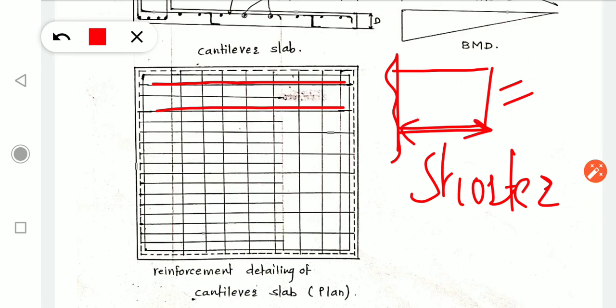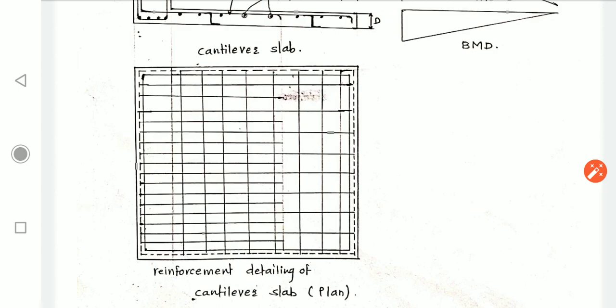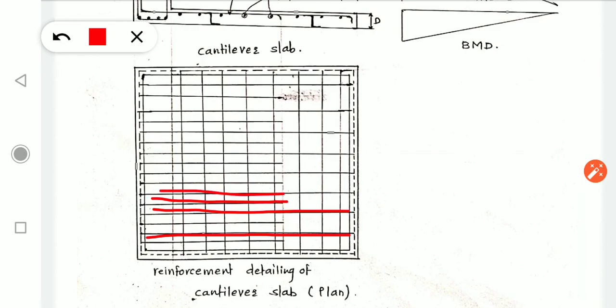Mostly you give such slabs to galleries or porches, therefore whatever length of the cantilever will be shorter than the span, right? Therefore I said shorter direction. So continued reinforcement is provided, and some reinforcement is curtailed like this, and you have distribution steel as well.